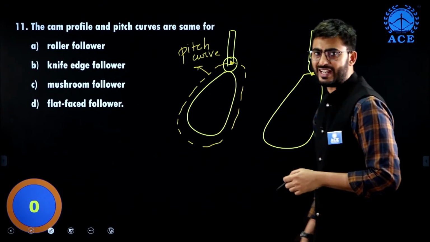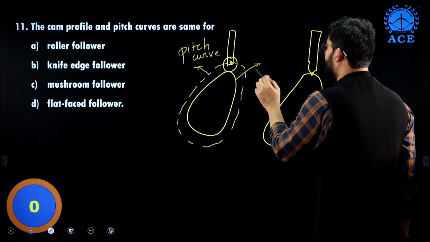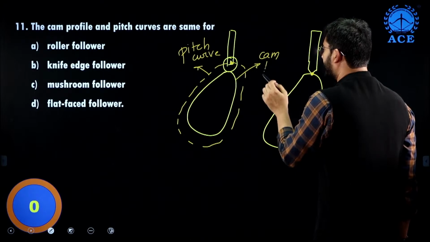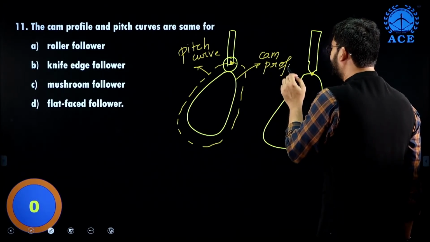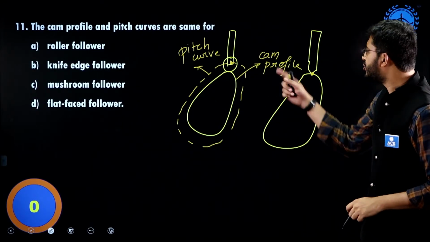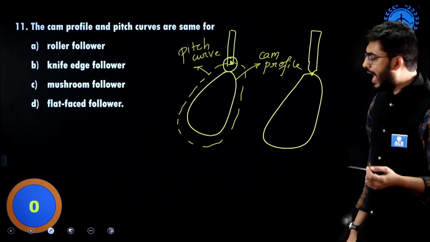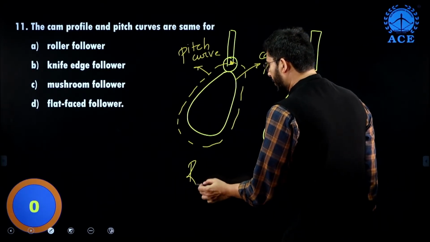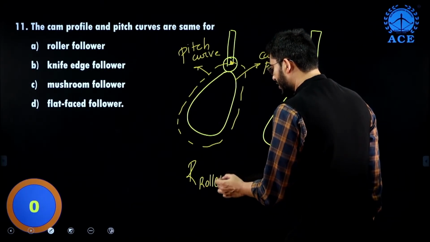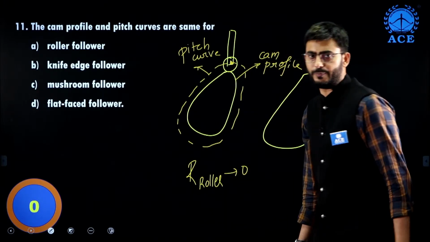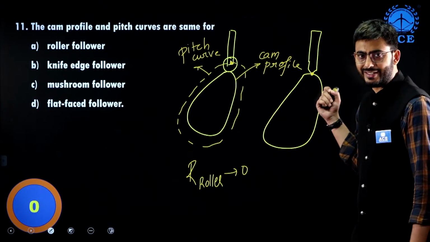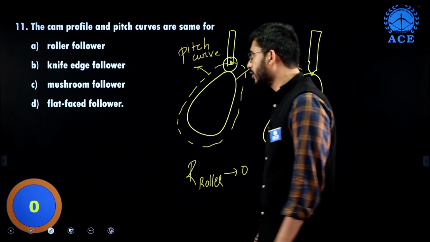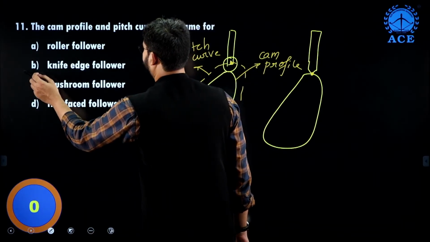This is called the pitch curve, and this is called the cam profile. But in the knife edge follower, these two are coincident, as the radius of the roller is tending to 0. So these two will be coincident in the knife edge follower. Option B is the answer.